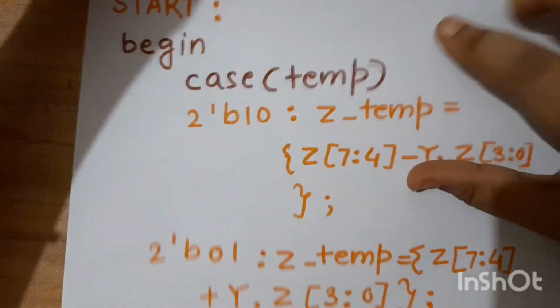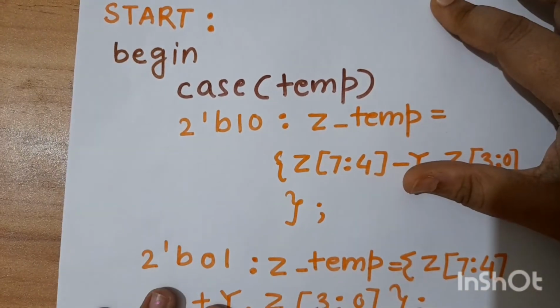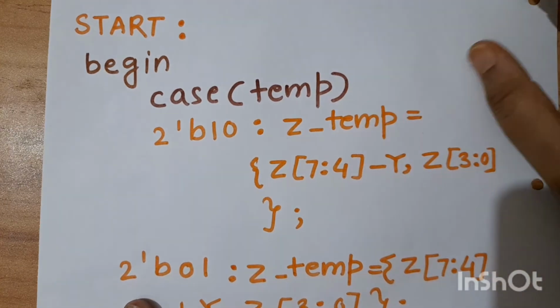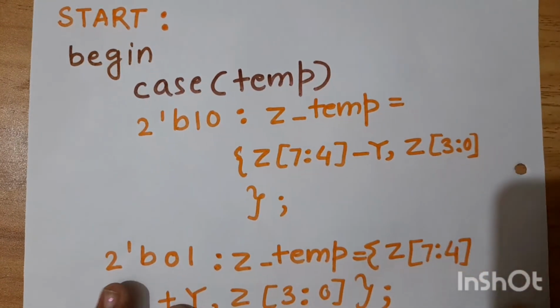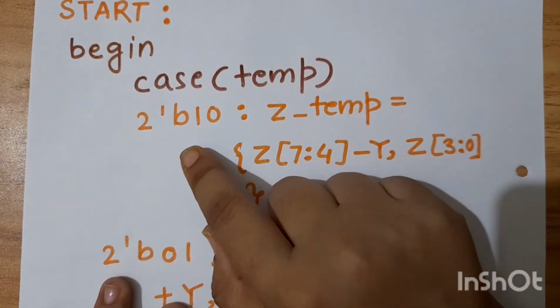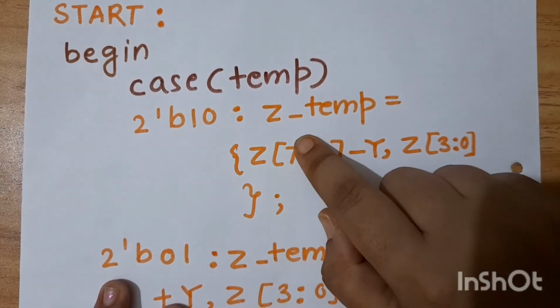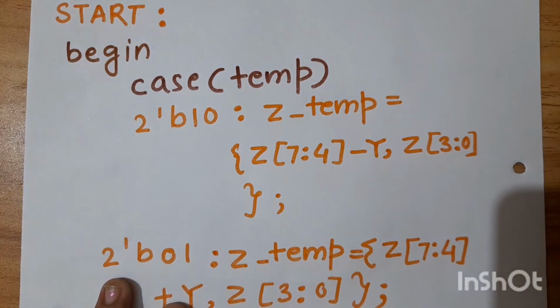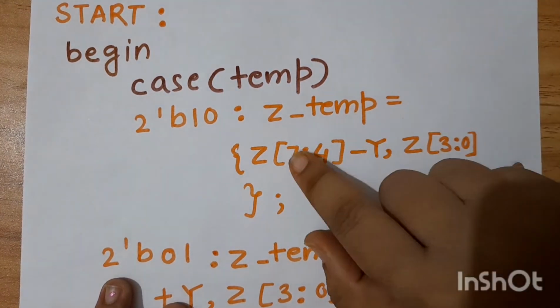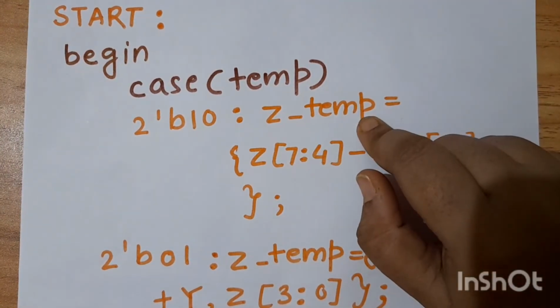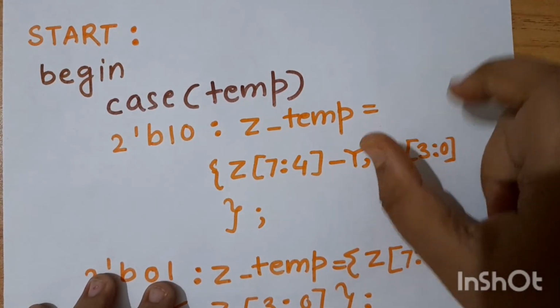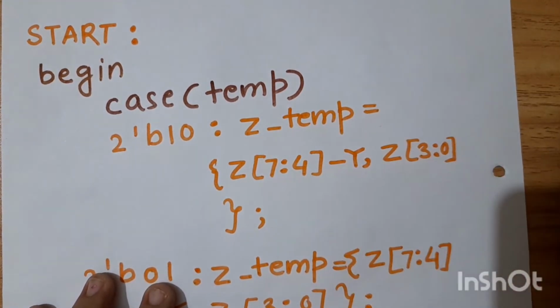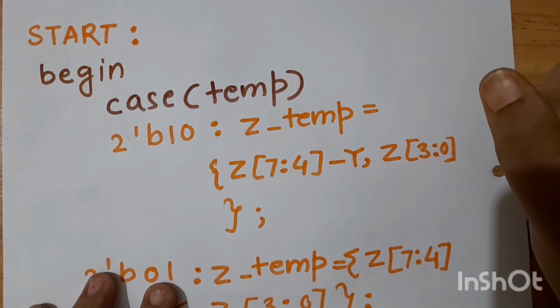Now in the start state there is a case statement which will check for the temp value. Okay, the temp value, if it is 2'b10, then z_temp is equal to what it will do? So the z value, here is the product value, is concatenation of A and Q. Okay, and A is what?